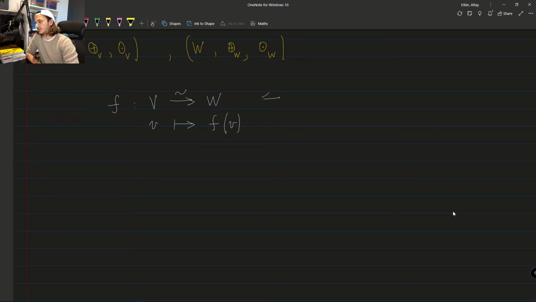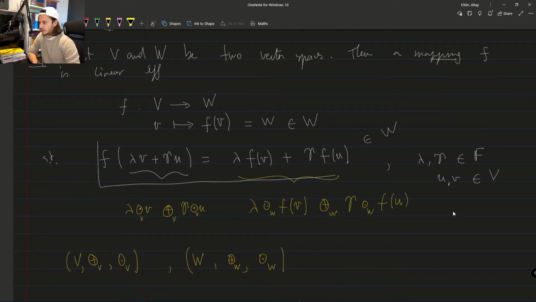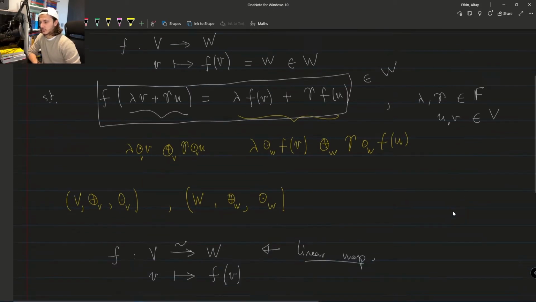So this is going to be a linear map. This is basically the point: anything can be a linear map if it satisfies this condition. If it does, then it's called a linear map.